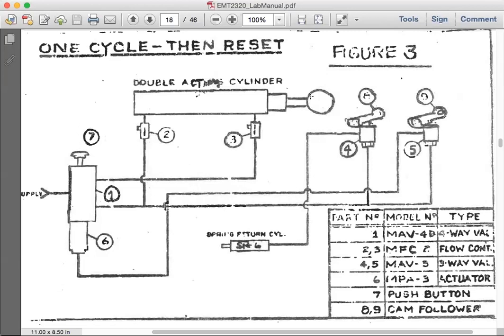As the piston of the double acting cylinder moves forward, it clears number 8 cam follower, which allows the spring return cylinder piston to return. As the double acting piston is fully extended, it activates cam follower number 9.